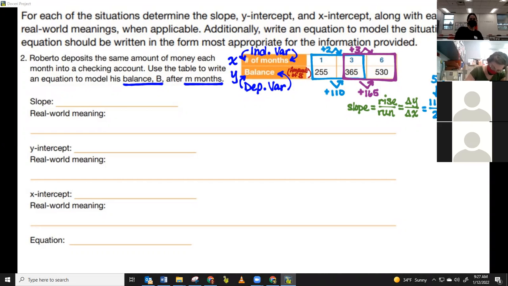What is 165 divided by 3? 55. These are constant. This is my constant rate of change. So what is my slope? My slope is 55, yes.